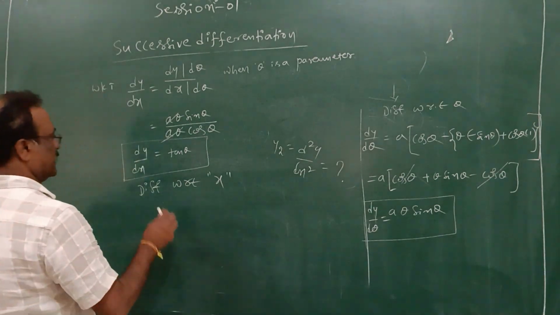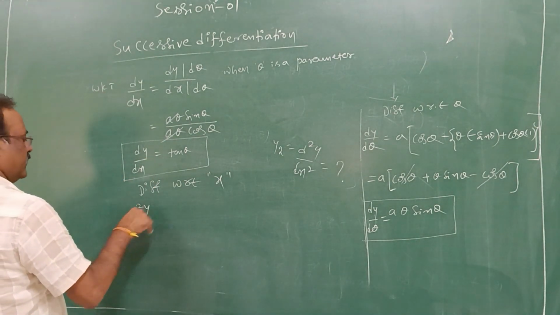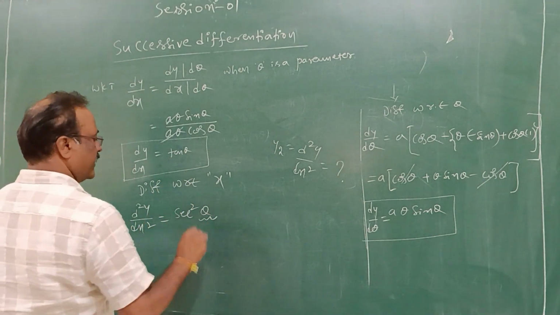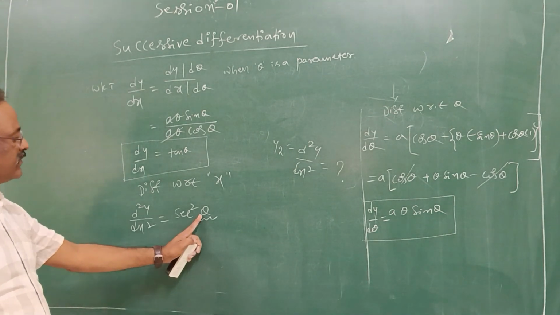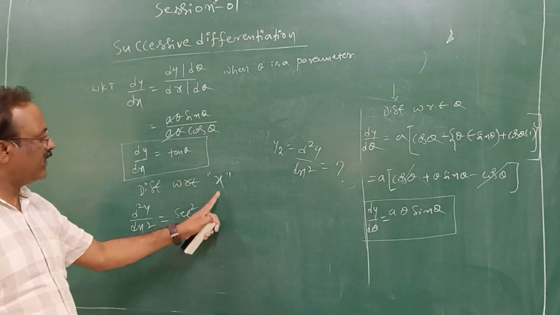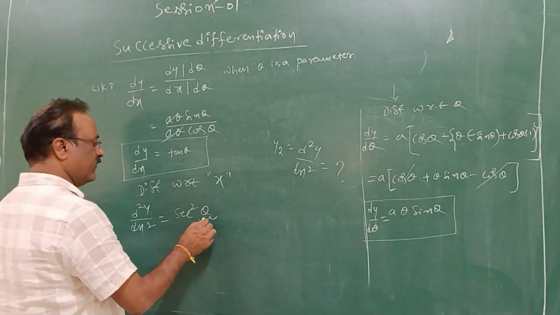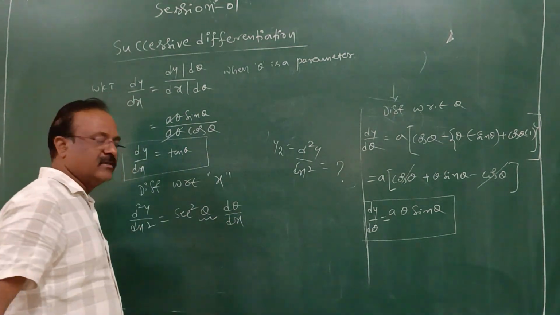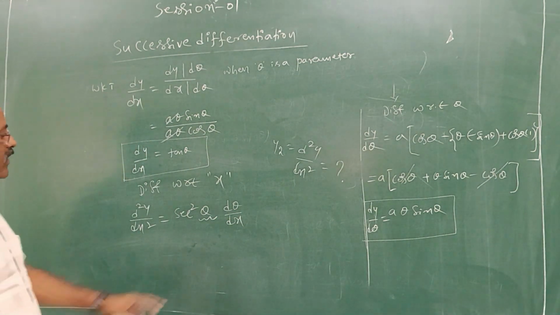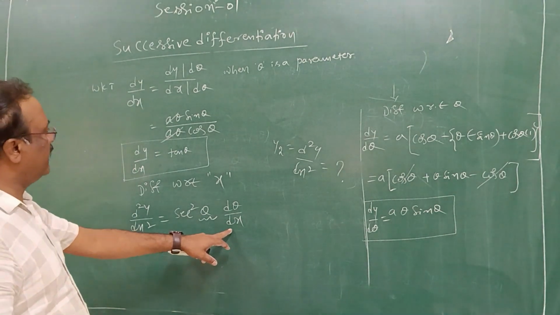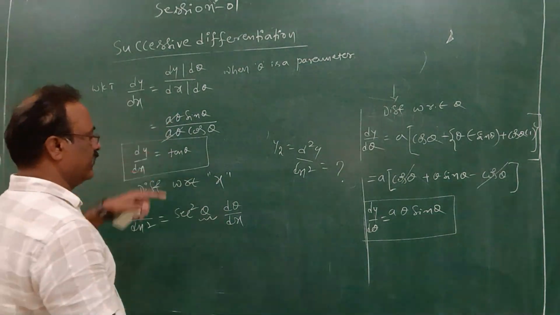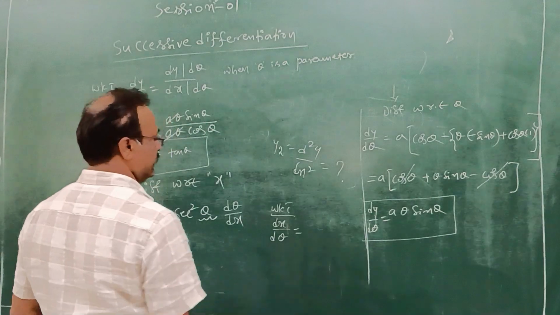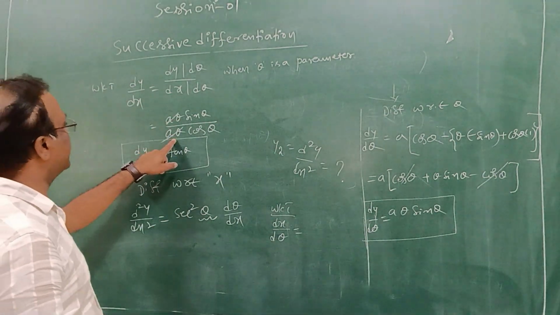Now dy by dx differentiation with respect to x gives d squared y by dx squared. Tan differentiation is secant square theta. Be careful here. Theta differentiation with respect to theta is 1, but we are differentiating with respect to x. Therefore, theta differentiation with respect to x is d theta by dx. Now we need to substitute for d theta by dx. Already we know dx by d theta, which is a theta cos theta.